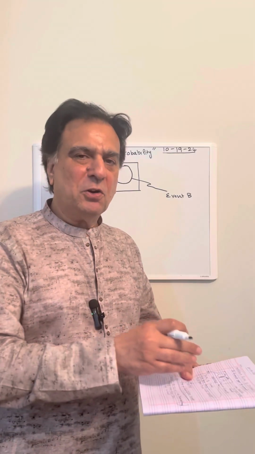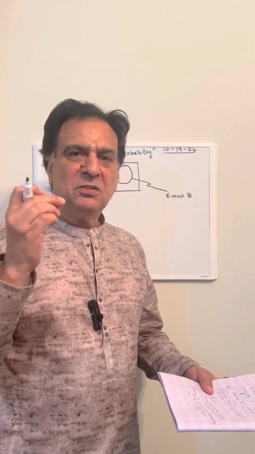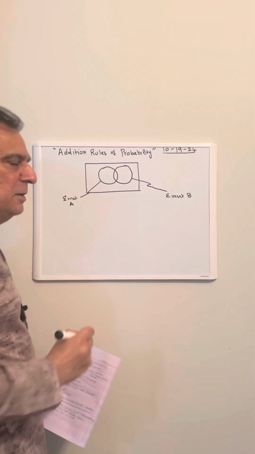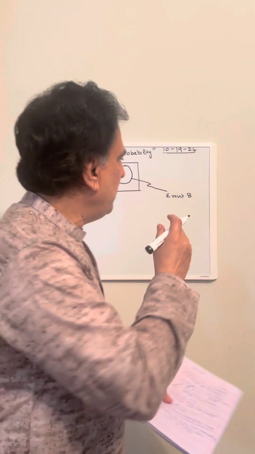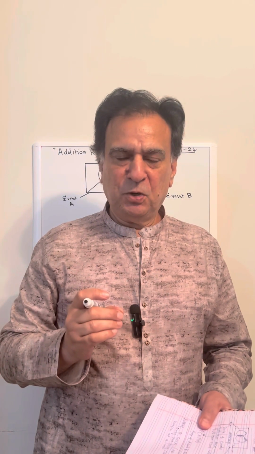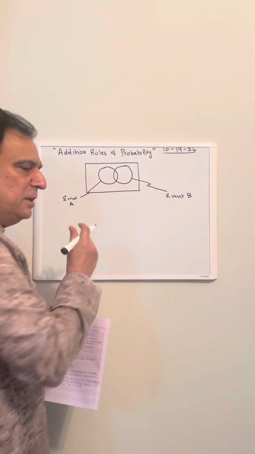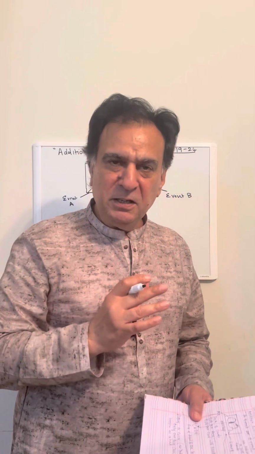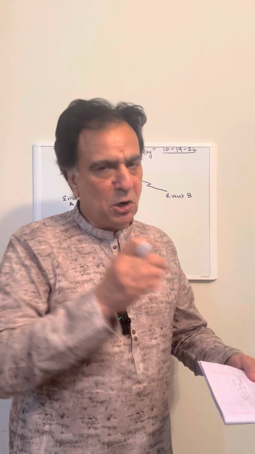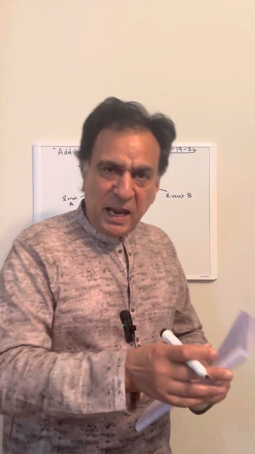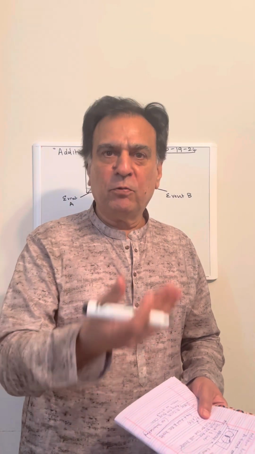So I shuffle the cards and I pull out an ace, any ace, ace of clubs, ace of hearts, then I've satisfied event A. Now, if I say my event B is that I pull out a card of hearts, then is it possible that both of these events can be met? In other words, I shuffle the cards, I pull a card, I get an ace, which satisfies event A, and it is a card of hearts.